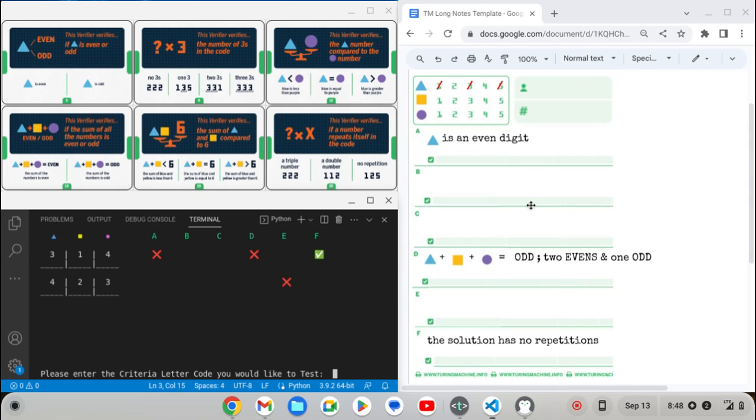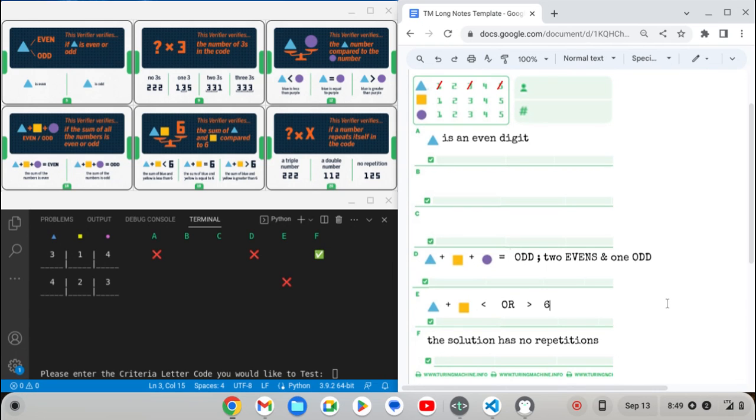So let's go ahead and type up something for section E, and that is that the sum of triangle and square is either less than 6 or greater than 6. So that sum is either less than or greater than 6.